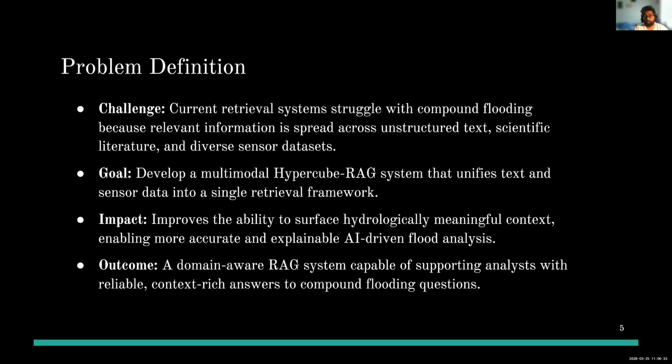Our goal is to develop a truly multimodal system that unifies all of these streams into a single explainable framework to support flood analysis. If this project comes to fruition, it will drastically improve the ability to predict flooding in a hydrologically meaningful context.